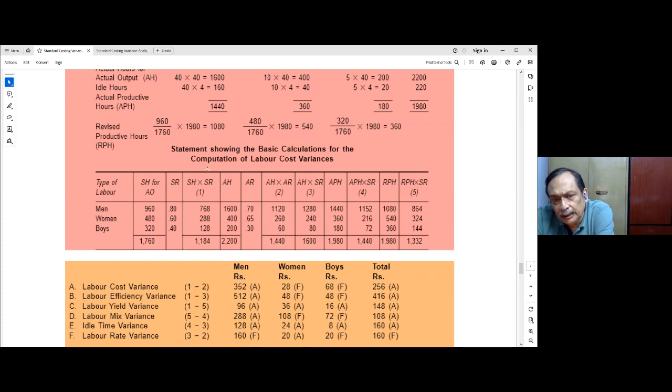Actual rate is given, that is 0.70, 0.65, and 0.30. And AH into AR, let it be 2, we get 1120, 260, and 60. Total is 1440. Next, we are going to have AH into SR, let it be 3. That is 1280, 240, and 80. Total comes to 1600.